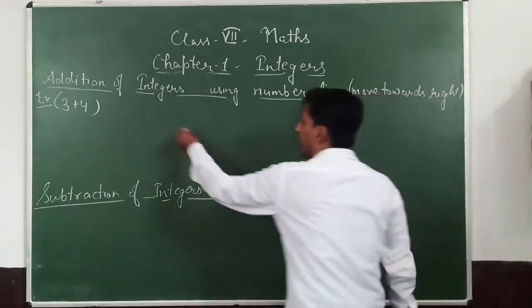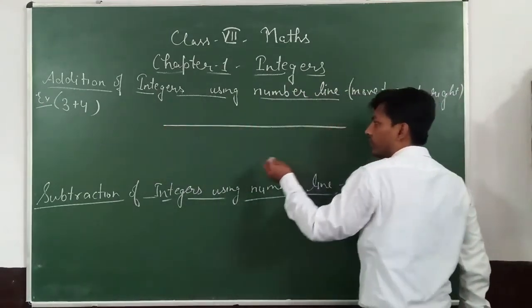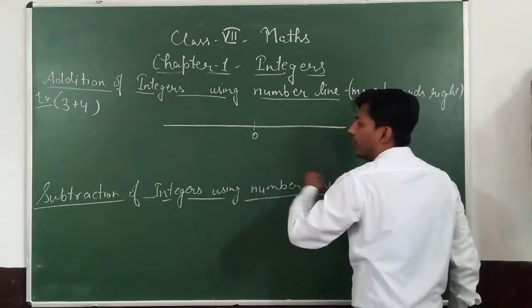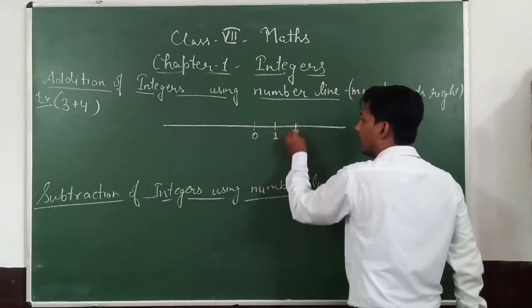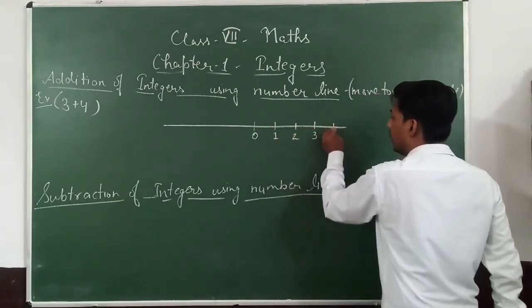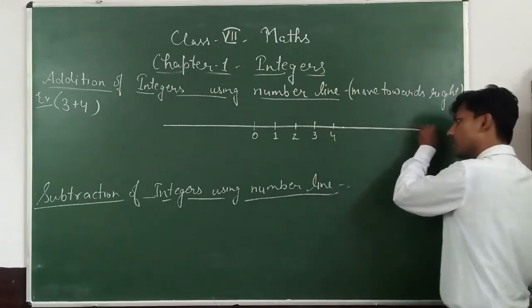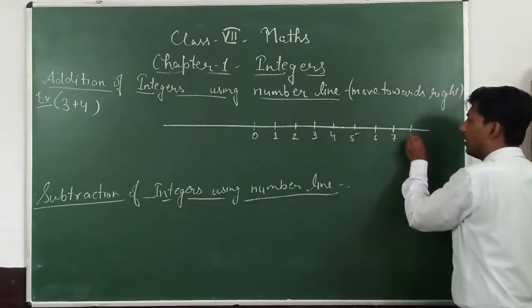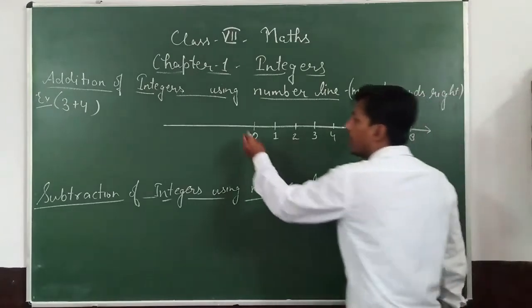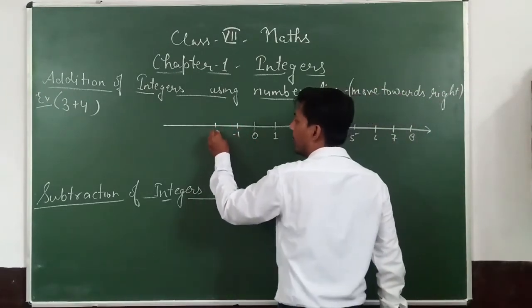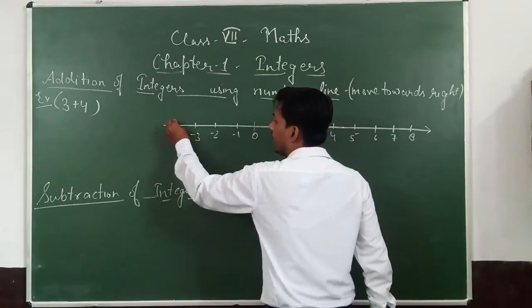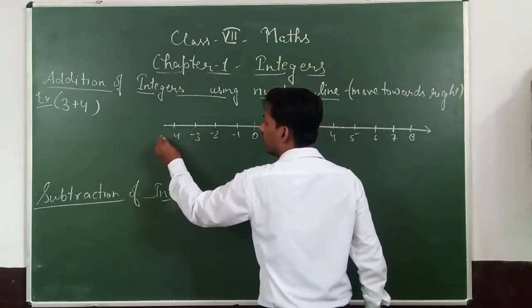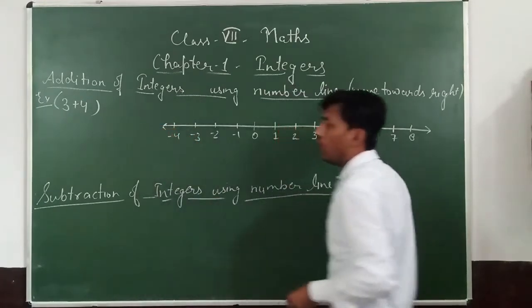First draw the number line. Mention 0 at the center, then 1, 2, 3, 4, 5, 6, 7, 8 and so on, and -1, -2, -3, -4 and so on.